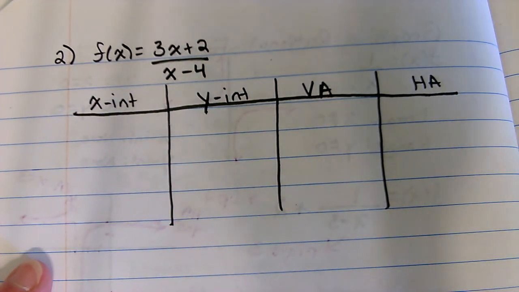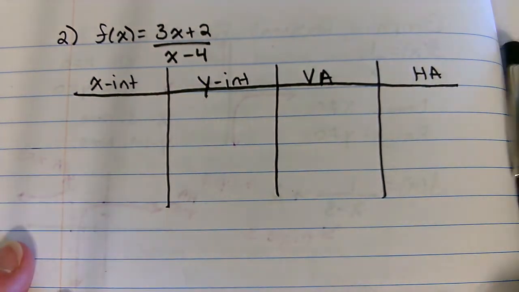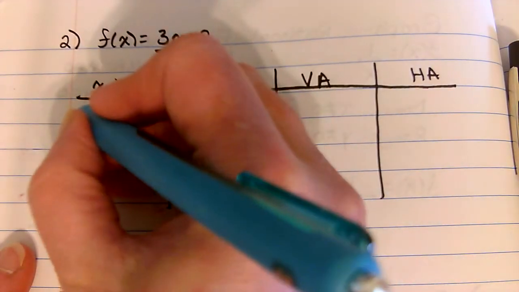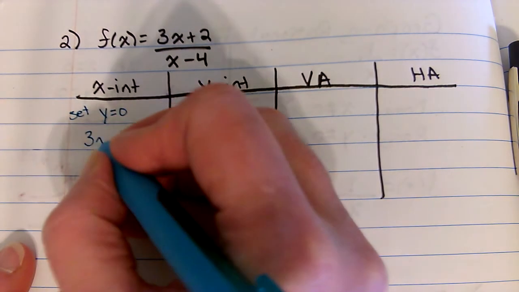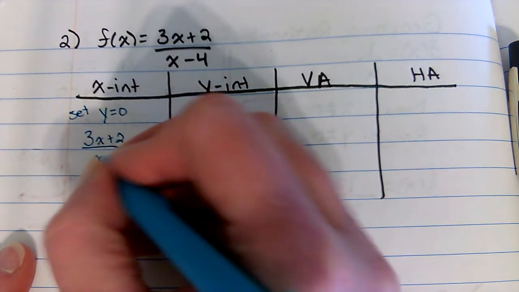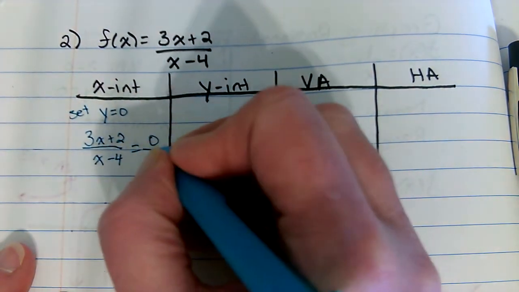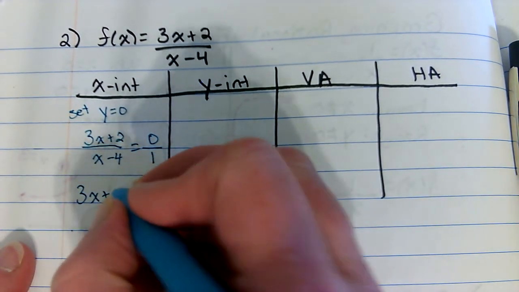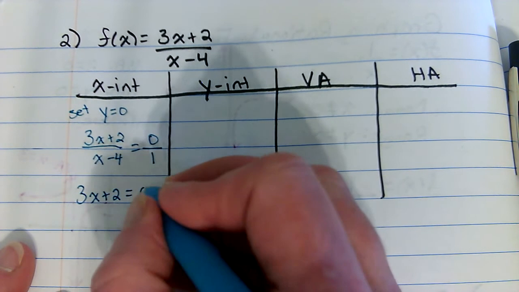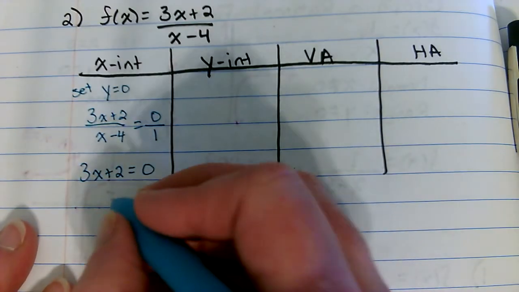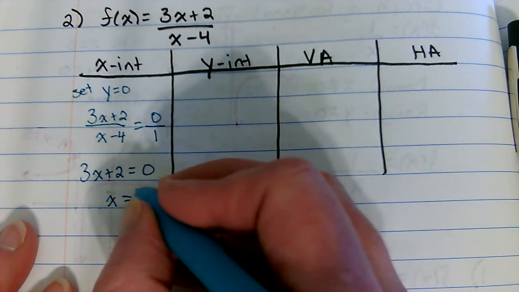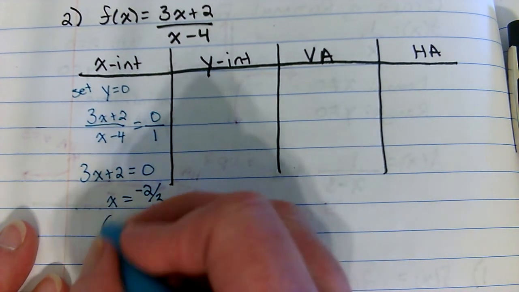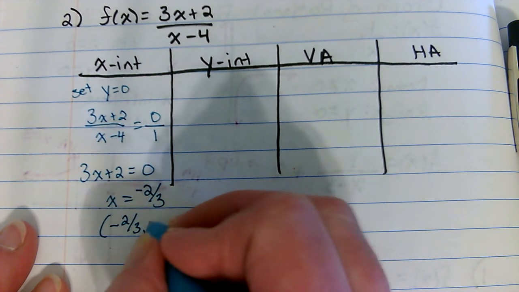Okay, so we're going to set y equal to 0. So 3x plus 2 over x minus 4 equals 0 over 1. Cross multiply, and I get 3x plus 2 equals 0. Then solve for x. So I'd subtract the 2, then divide by 3, and that is my x-intercept.